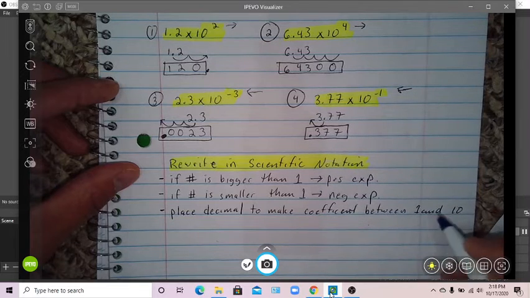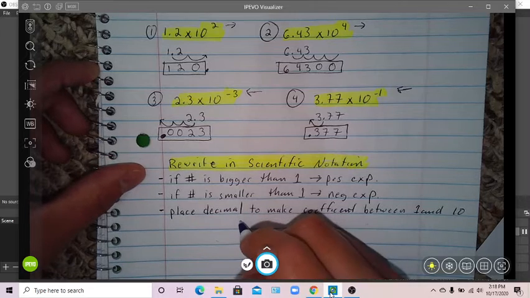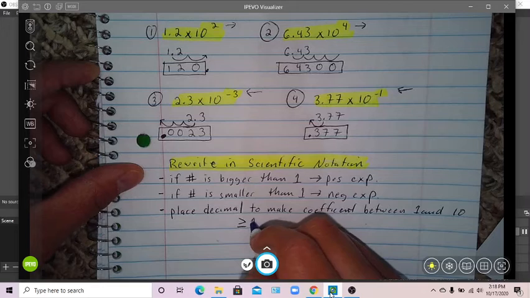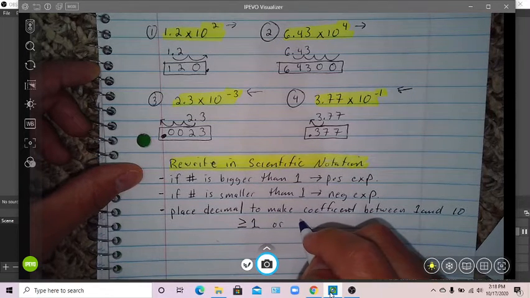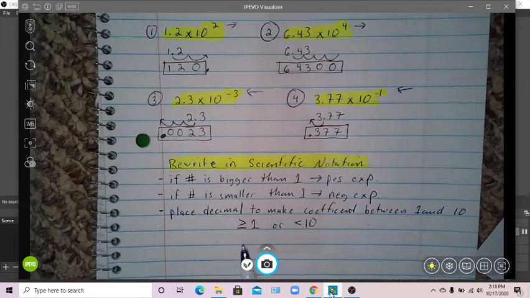The coefficient's the big number. It has to be bigger than or equal to 1, and it has to be less than 10. So that means it has to be between 1 and 10.